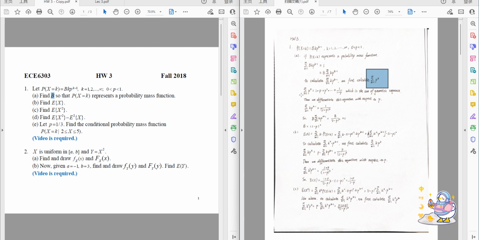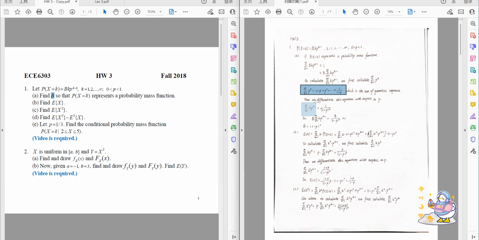After expanding the function, we can find that it's a geometric sequence. So we can get the sum. It is 1 divided by 1 minus p. Then we differentiate this equation with respect to p.